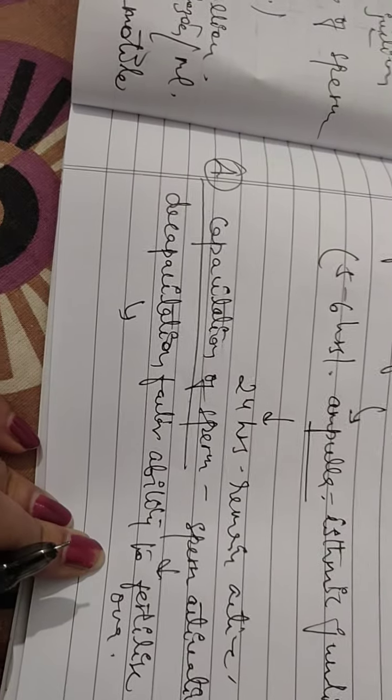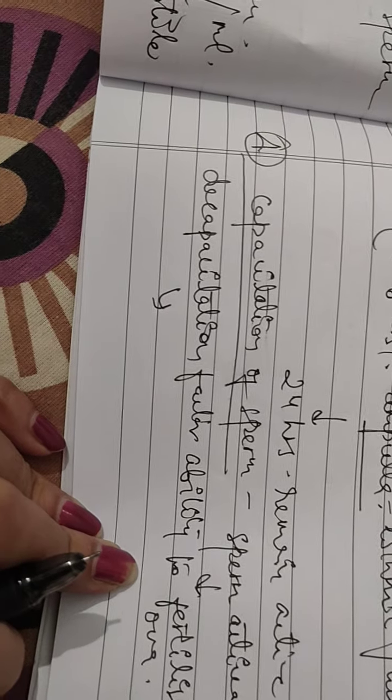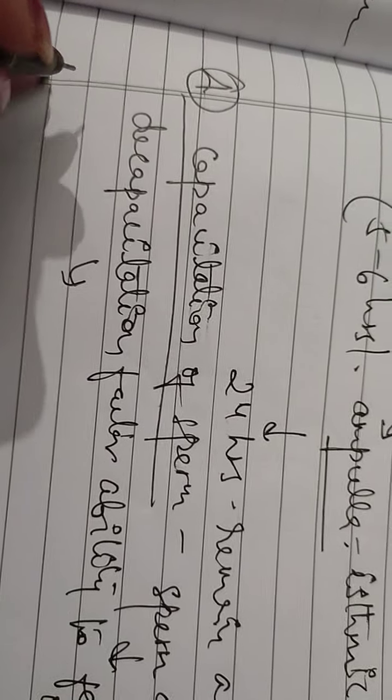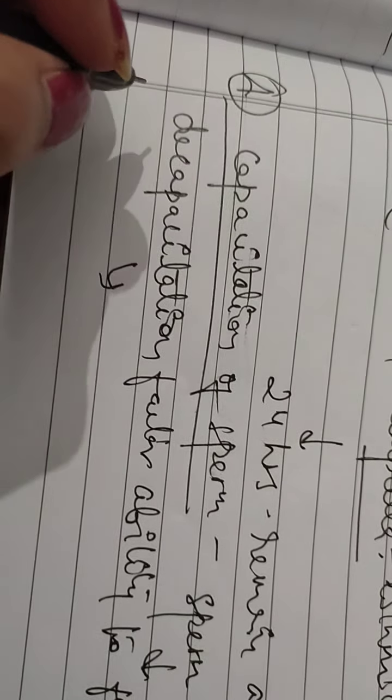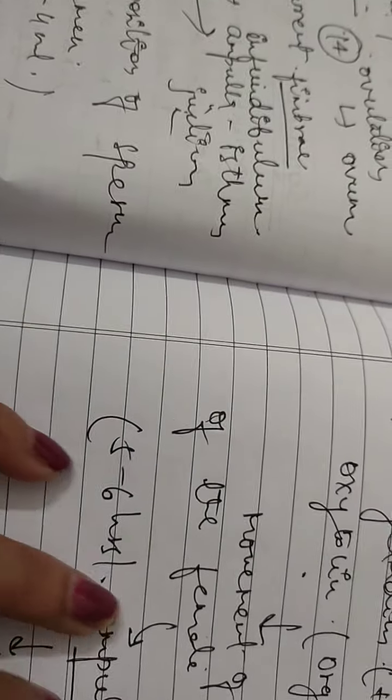There are many factors which do not allow sperm mobility immediately. Capacitation develops in the female genital tract by the following process. There are many factors which do this process.